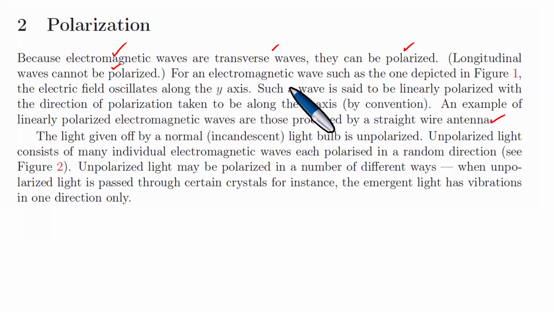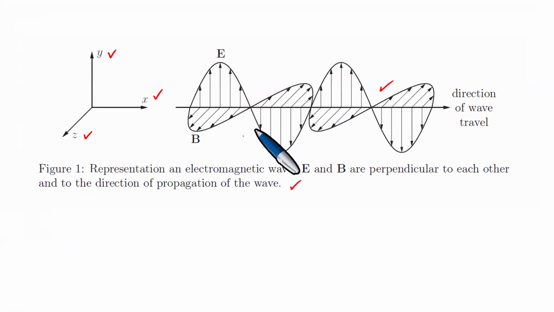For an electromagnetic wave such as the one depicted in figure 1, this is the figure where the electromagnetic wave has been shown with both electric and magnetic components perpendicular to each other and to the direction of propagation of the wave.